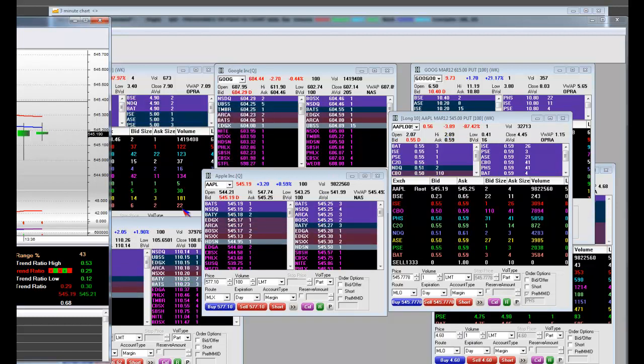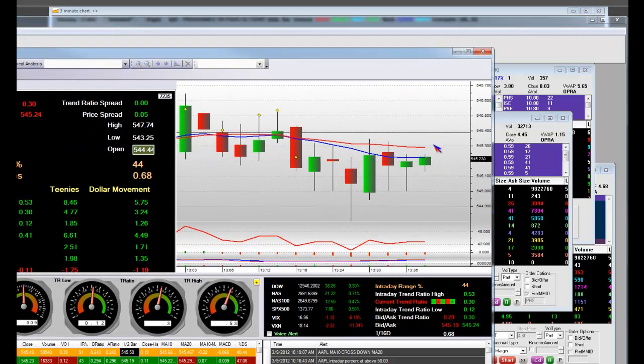But most importantly, Apple is just ticking right there at the strike price in the MMT platform. And you can clearly see late intraday, weekly expiration now.